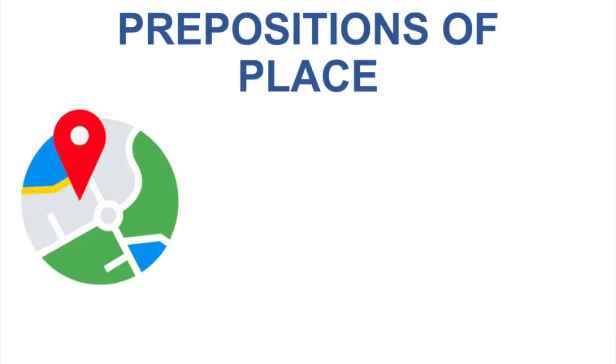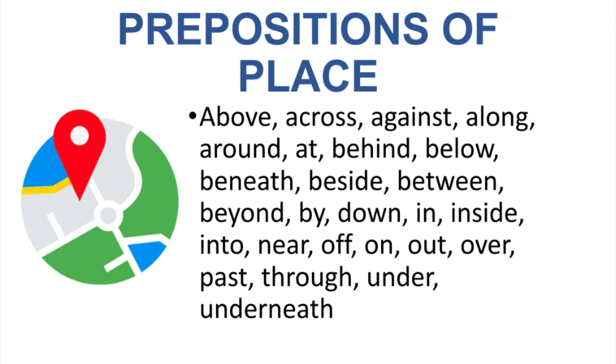For prepositions of place we have above, across, against, along, around, at, behind, below, beneath, beside, between, beyond, by, down, in, inside, into, near, off, on, out, over, past, through, under, underneath.